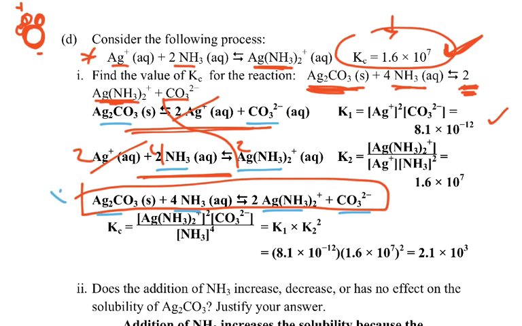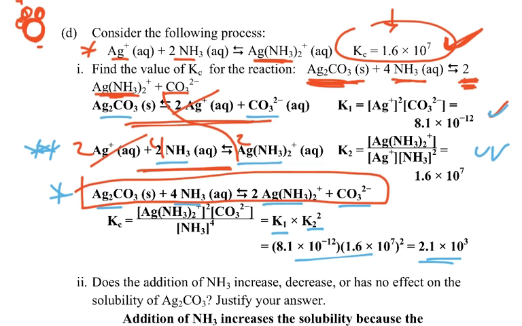So I have created this equation from these two, but I had to double this equation in order to make it happen. So my value is going to be the K1 value times the K2 value squared. And here's the equation, and I end up with 2.1 times 10 to the 3rd. Okay, so I found my value.